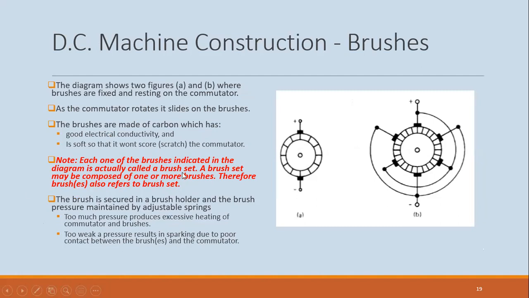All right. Now, brushes. Remember, we said that brushes are resting on the commutator segments. As the commutator rotates, it slides on the brushes. The brushes are made of carbon, which has good conductivity, and they're soft enough so that they will not scratch the commutator.